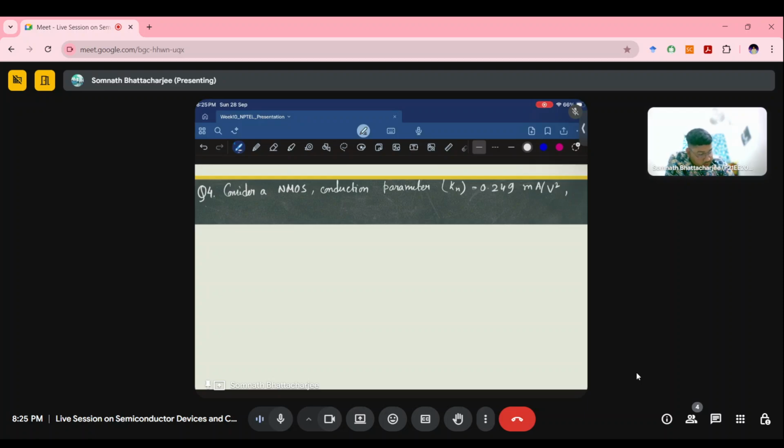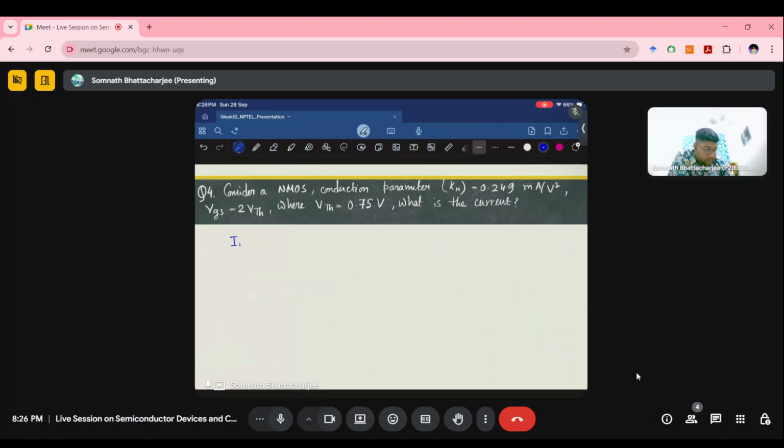They have also given VGS equals 2 into VTH, where VTH is 0.75 volts. What is the current? They have given the conduction parameter Kn and VGS is 2 VTH, and this is a very easy one.